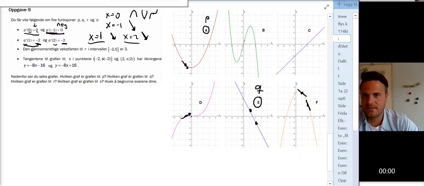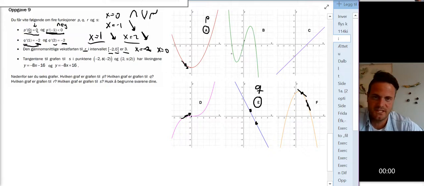And then let's go to the function R. We know that in the interval from x equals -2 to x equals 0, the average rate of change should be equal to 3. Let's look at number B here.